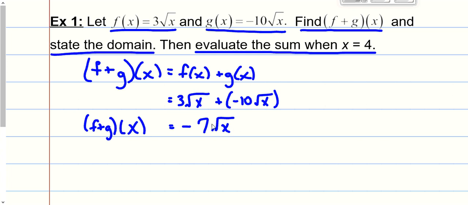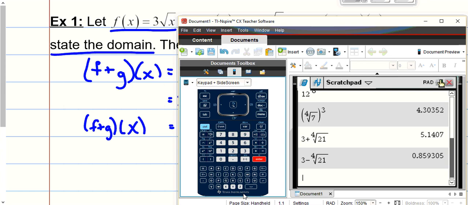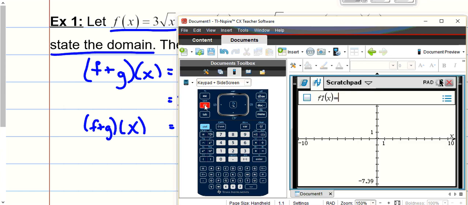When you graph this, you're going to graph to check your domain. You don't have to draw the graph, just put it in your calculator. So if we were to look at a calculator, and this one's going to take a little bit. All right, so let's see here. Let's plug that into the calculator, negative 7 square root of x.